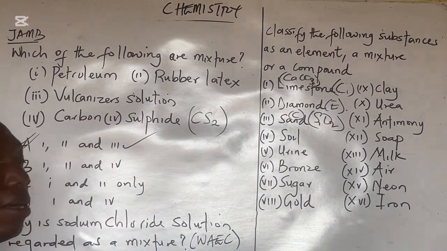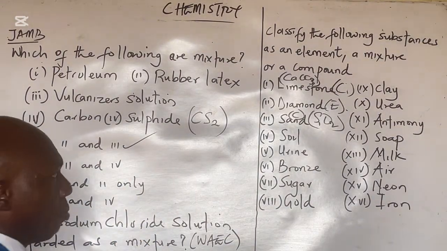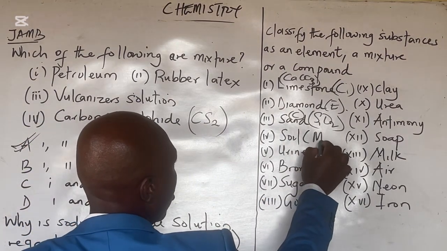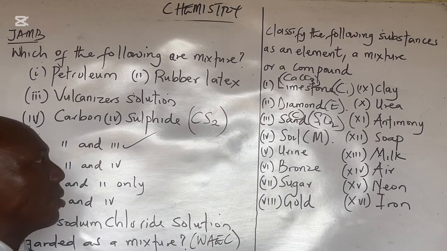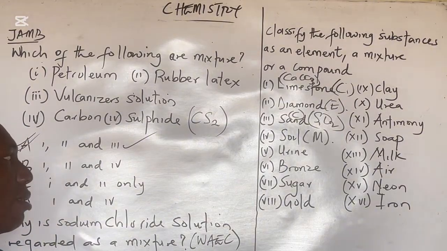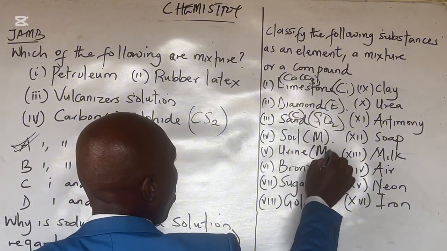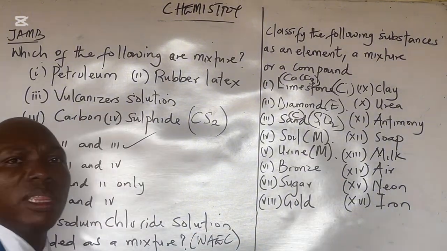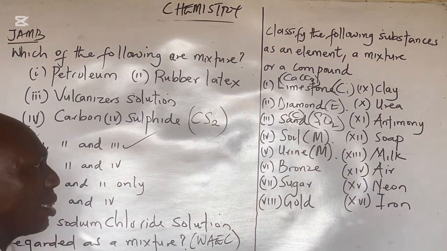Sand is a compound. We also have what we call soil. Soil is a mixture of sand, clay, water, and all that. Urine is a mixture. Urine contains urea, water, and all that.